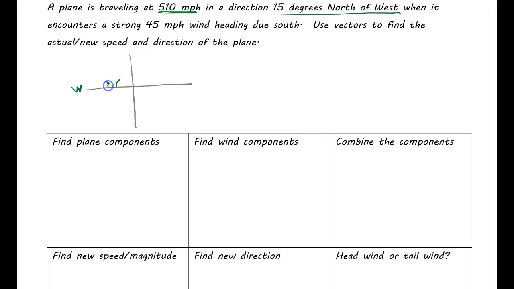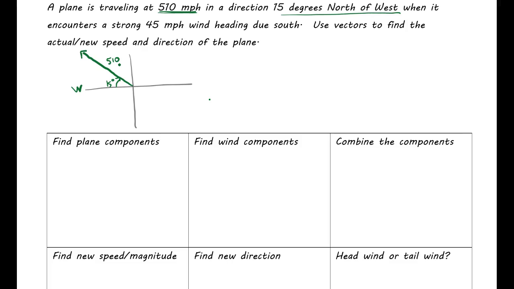So here's my 15 degrees north of west. So I'm going to draw a vector right here, and I'm going to draw it pretty long because it's 510 miles per hour. Now notice I'm not going to scale my axis, because who wants to try to do that and go along with this 510? Not me. So I'm just going to draw without a scale.